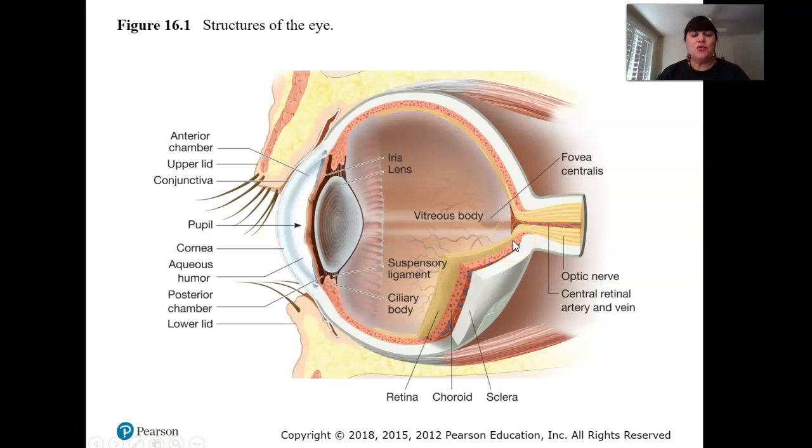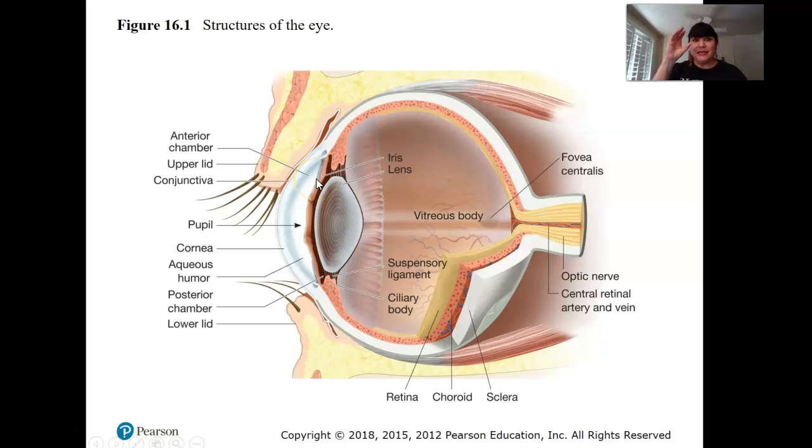Your eye, can you move your eye? Look to the right, look to the left, look up, look down. So the eye itself, there's skeletal muscles that are attached to the eye that are going to help you with moving your eye, okay? The pupil is that opening, and then here, this is the iris.